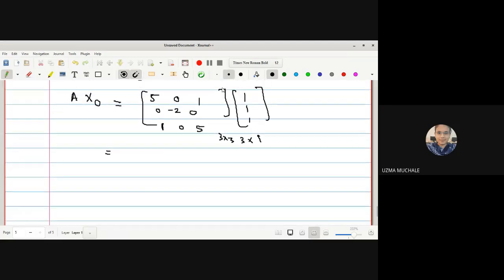So multiplying these two matrices, we get the answer. 6 minus 2, 6.